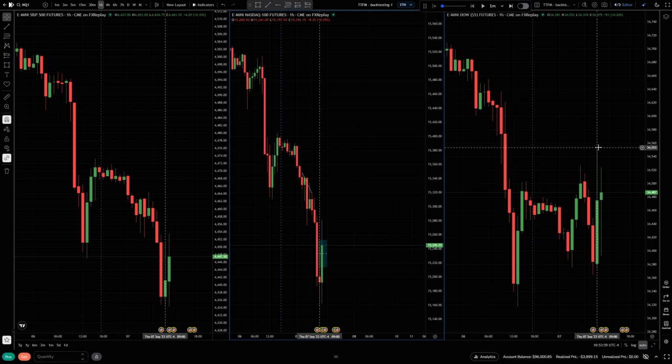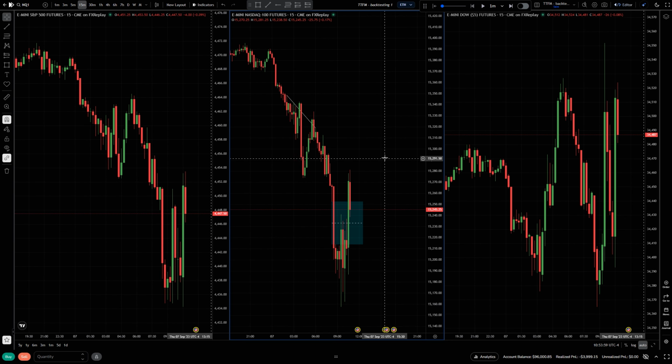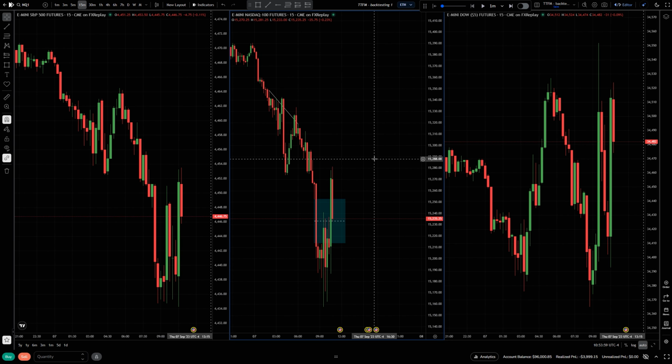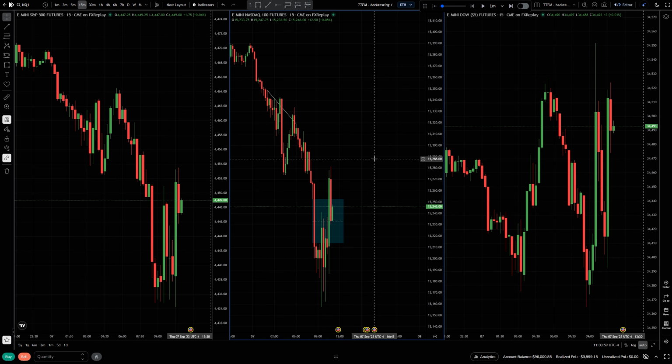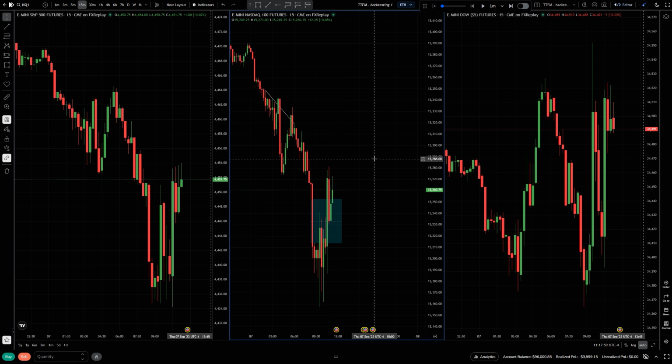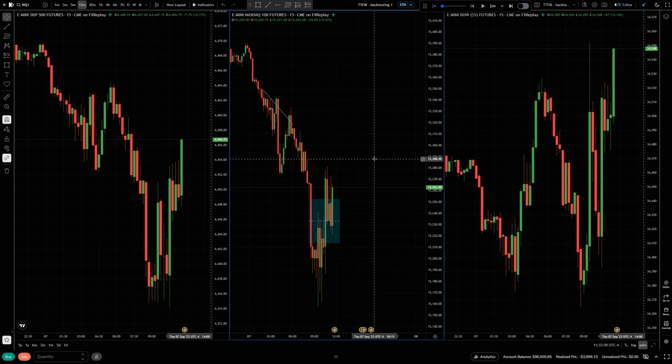If we can see YM take out its previous day, previous hour high, maybe we can still frame shorts, but until then, I don't like anything. I need to see YM take out that high. Otherwise, I'm not taking it, because we're just consolidating.